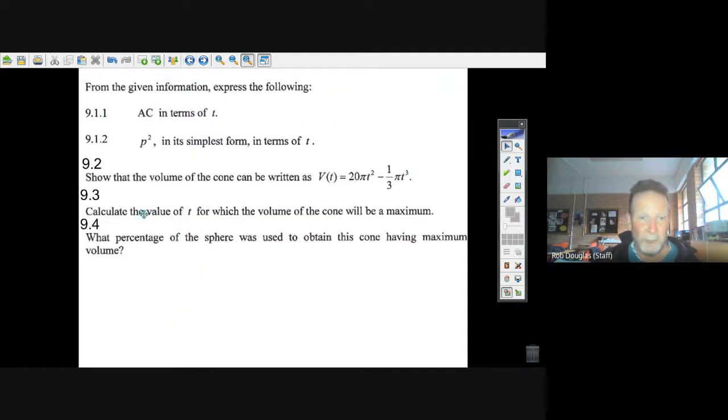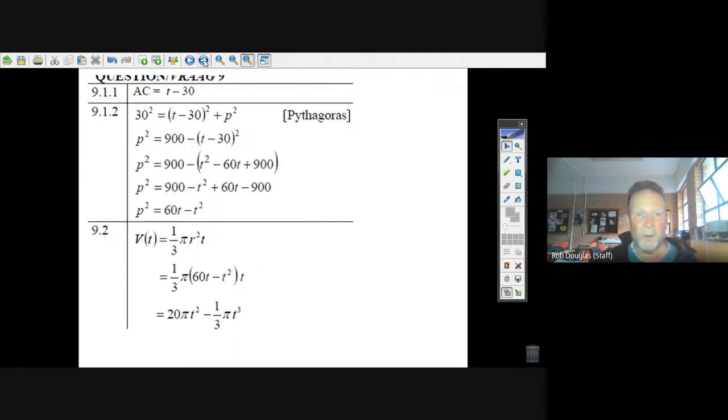Now let's look at what the next question is. Calculate the value of T that's going to make the volume of the cone a maximum. Well, for a maximum, you just take the formula for volume, you take the derivative, and maximums and minimums happen when it equals 0. So that's all we do.